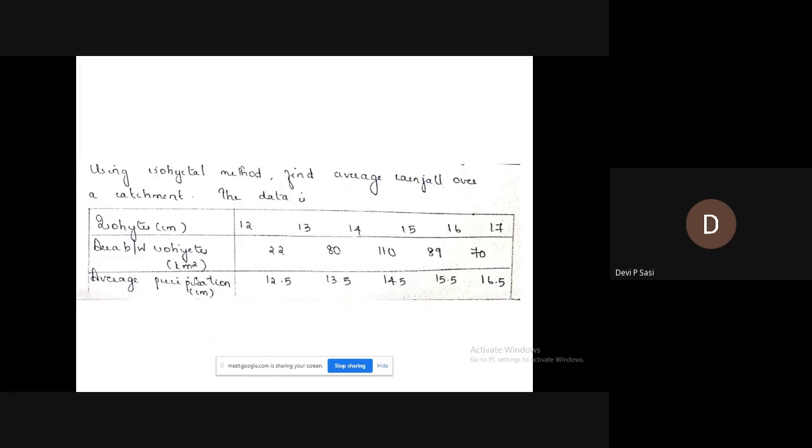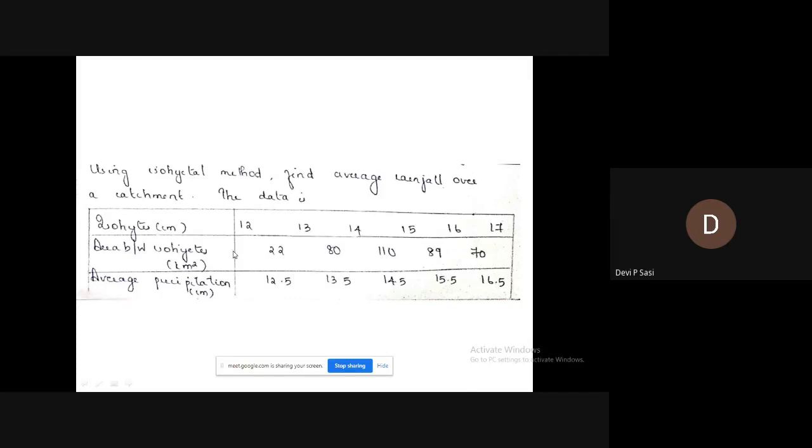Using the isohyetal method, find the average rainfall over a catchment. The data: isohyets in centimeter are 12, 13, 14, 15, 16 and 17. The area between isohyets is given in kilometer square: 22, 80, 110, 89 and 70.